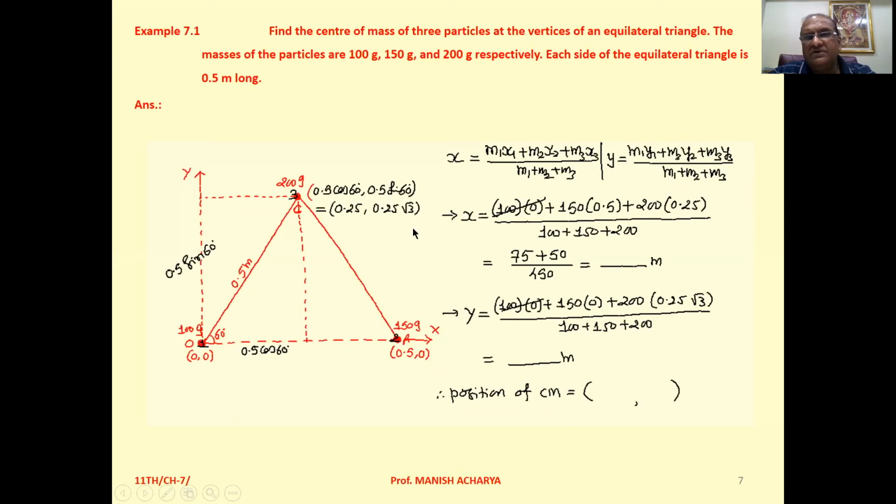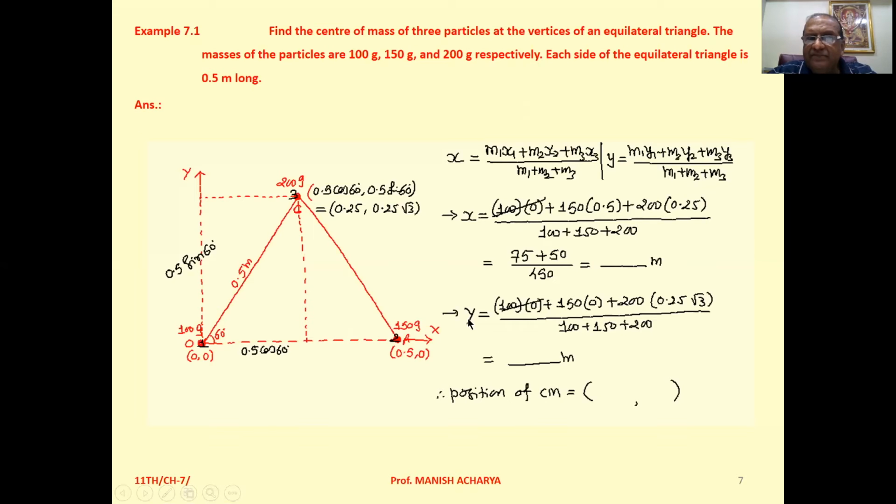Now substitute all the values. M1 100, X1 0 plus M2 150, X2 0.5 plus M3 200, X3 0.25, divided by 100 plus 150 plus 200. Solve this and you will get the x coordinate for the position of the center of mass.